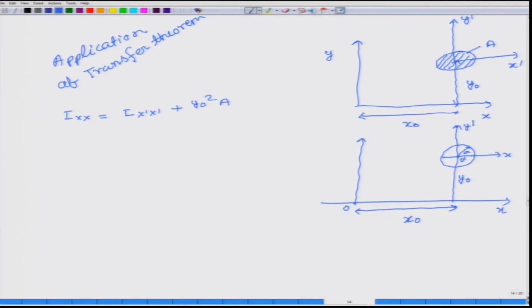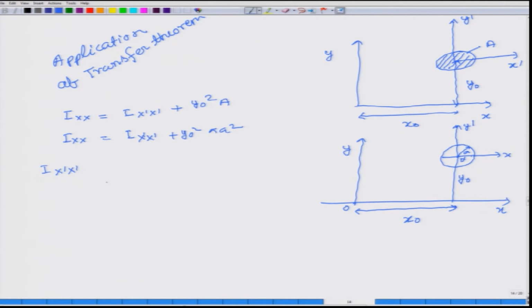So, the moment of this circular area with respect to x axis will be given by Ix'x' plus y naught square into A, and what is the value of A? That is pi a square, right. So, only thing we have to find out is the Ix'x'.